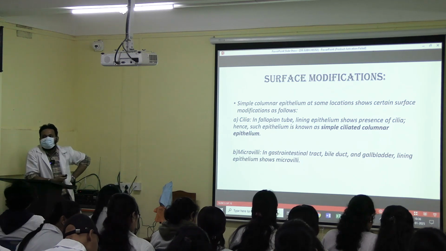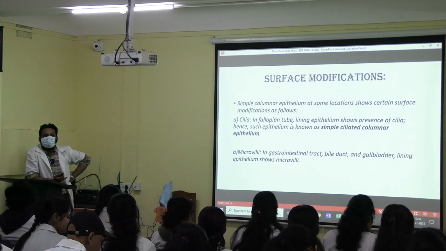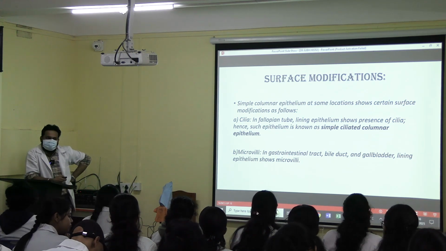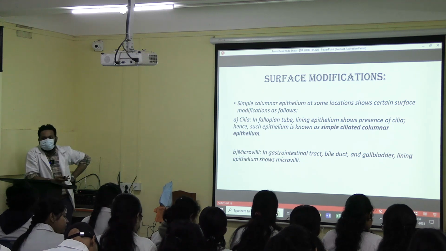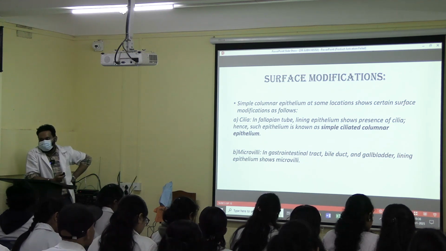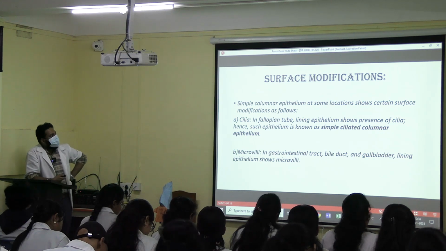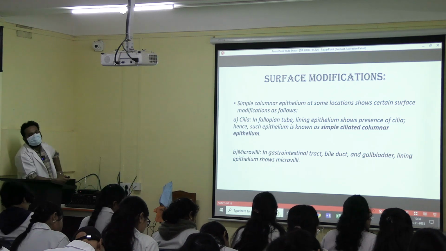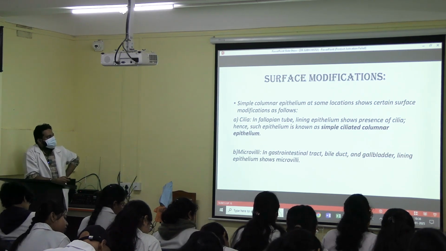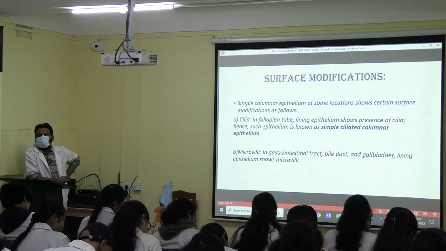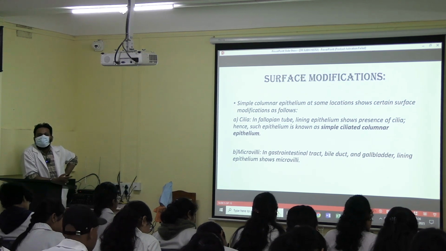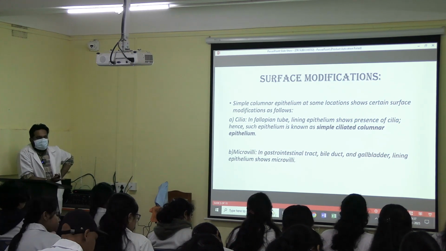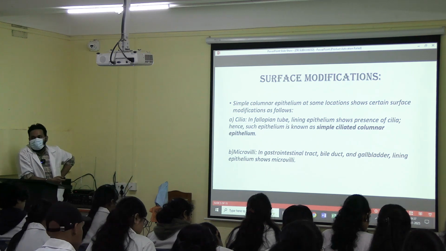These structures, cilia and microvilli, are usually well appreciated under the electron microscope. We can't appreciate them properly under the light microscope. Simple columnar epithelium at some locations shows certain modifications. If simple columnar epithelium has cilia, it will be called simple ciliated columnar epithelium.